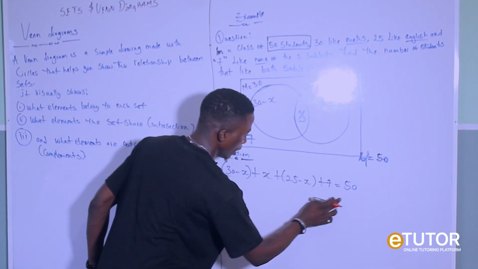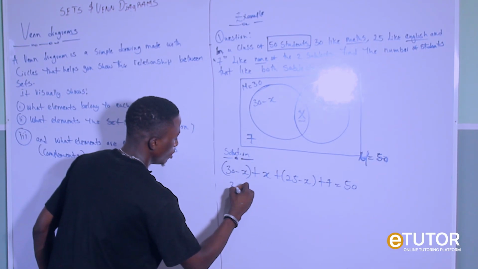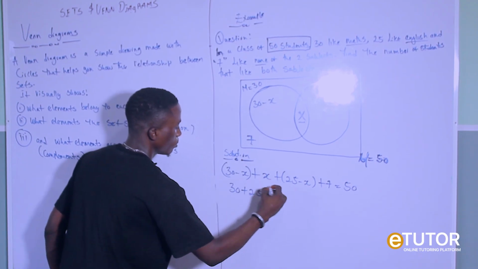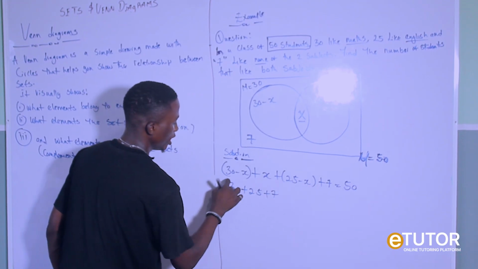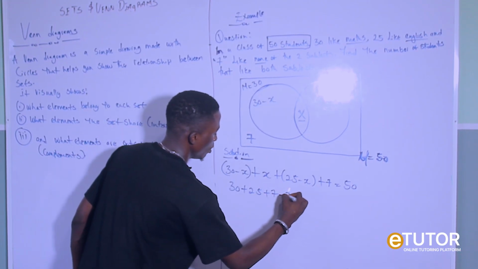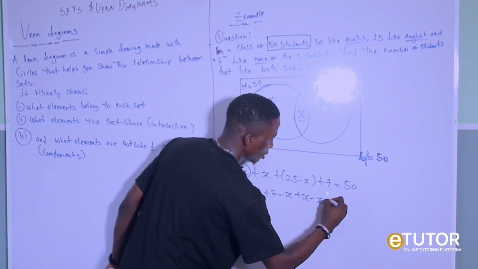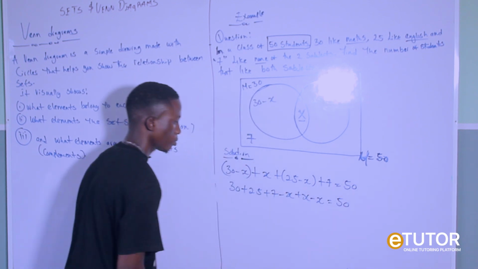So let us collect like terms. We have 30 plus 25 plus 7. I'm collecting the numbers first, then the letters. So I'll have minus X plus X minus X equals 50.